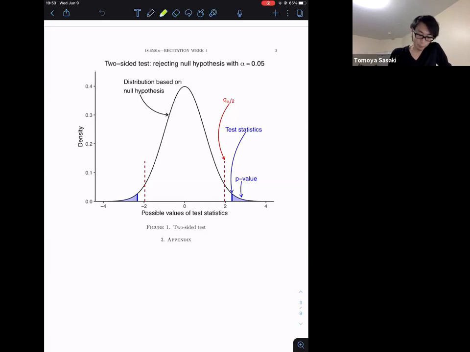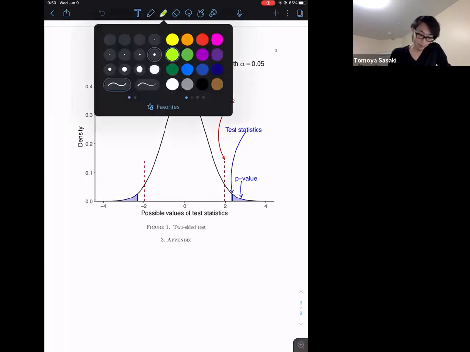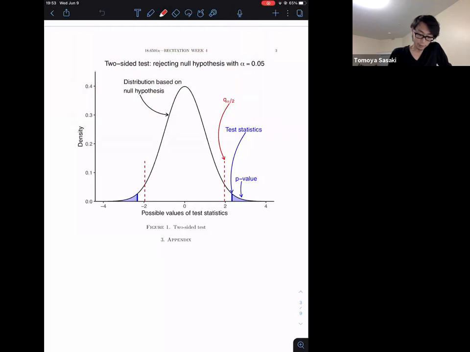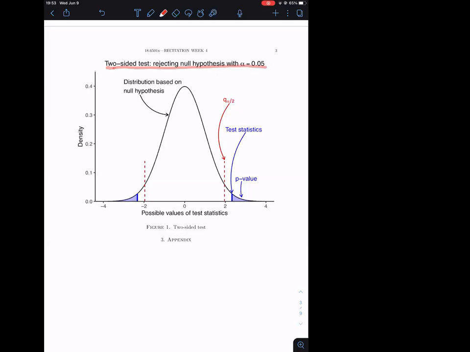So what I want to show here is, again, what we're doing when we're doing hypothesis testing. We're in the scenario where alpha is equal to 0.05, which means we're going to look at the quantile.